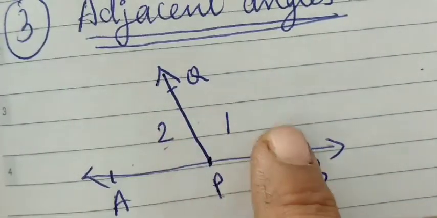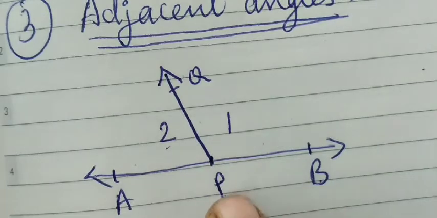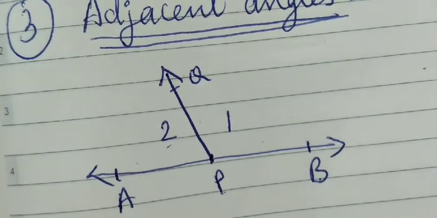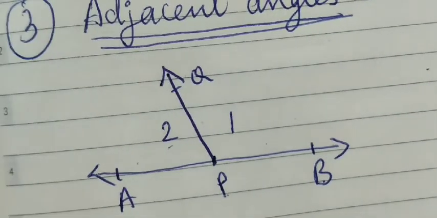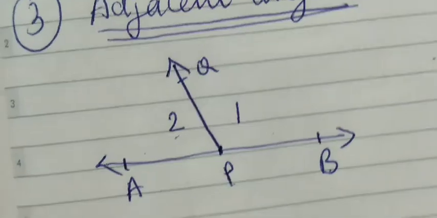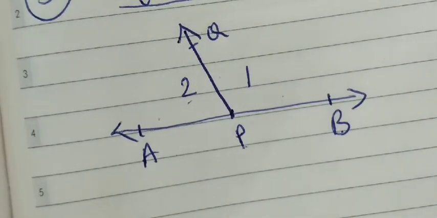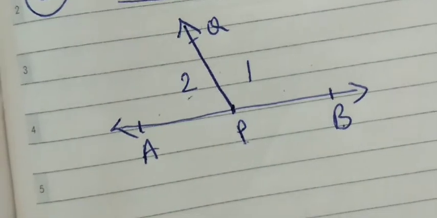Common arm के दो अलग अलग साइड में दिखने को मिलेंगे जो आर्म्स कॉमन नहीं है. So you have understood this. Then 1 and 2 is considered to be a pair of adjacent angles.